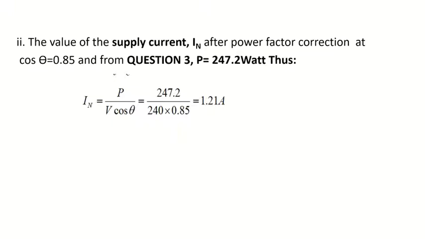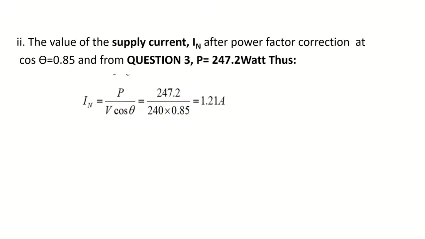Since P is still the same, we use the same P, which is 247.2. We divide by the supply voltage, which is 140 volt, and the new cos theta, or the new power factor, is 0.85.